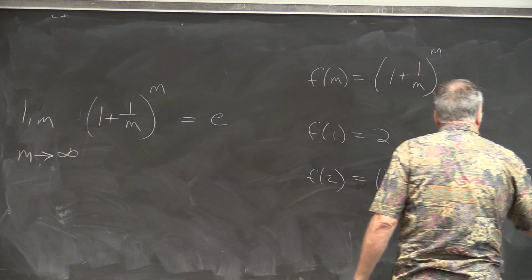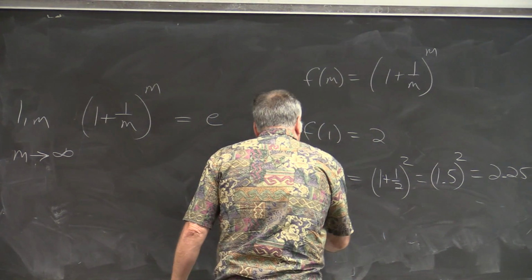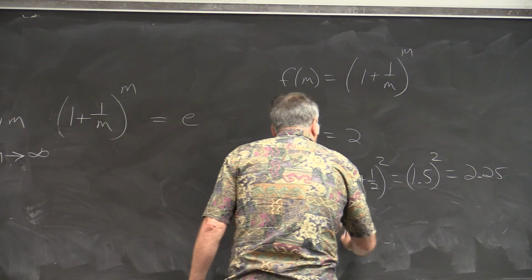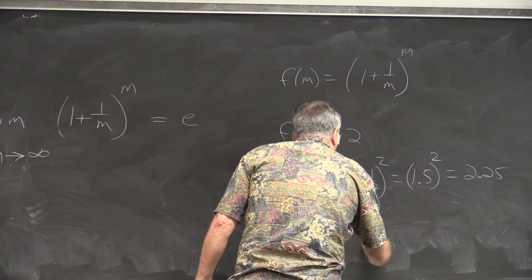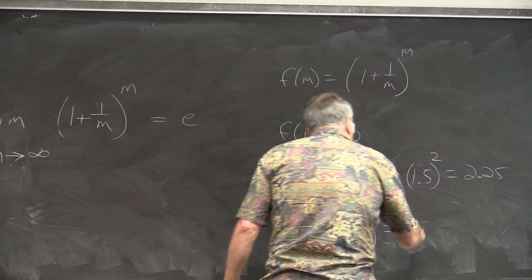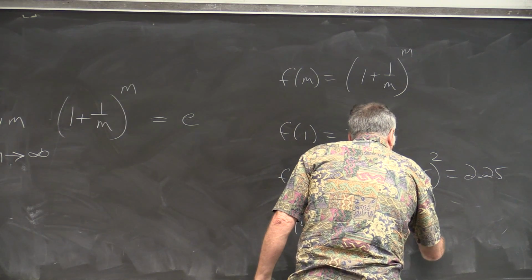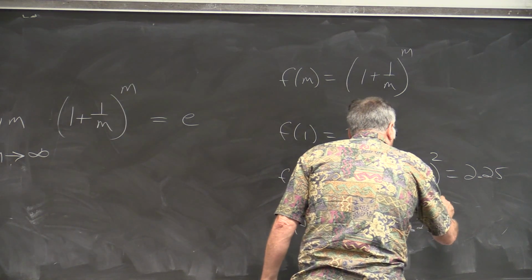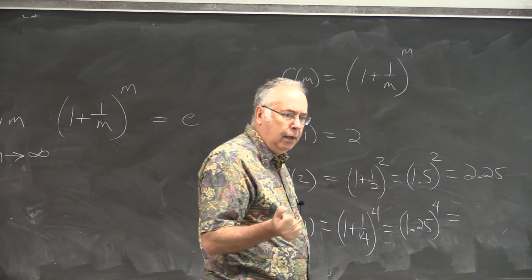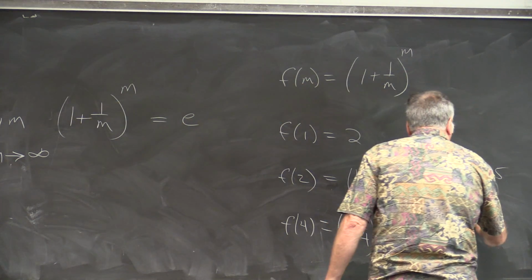Let's skip 3. Let's just do f of 4. What is f of 4? It would be 1 plus 1 over 4 raised to the 4th power. That would be 1.25 raised to the 4th power, which is, help me out there, 2.44.